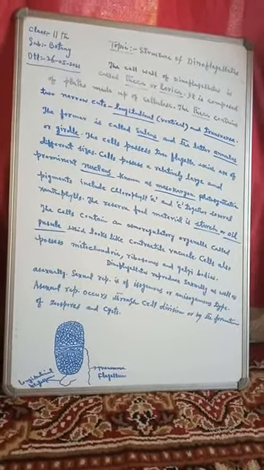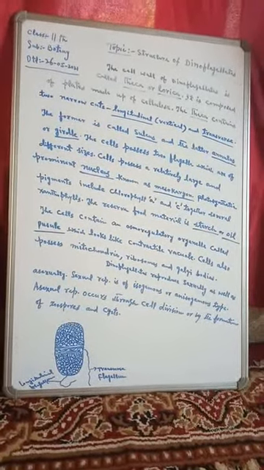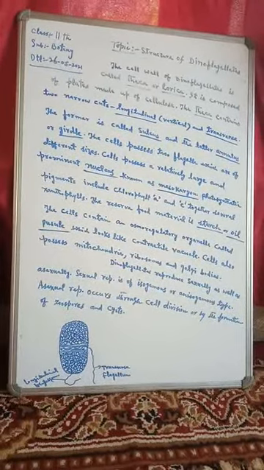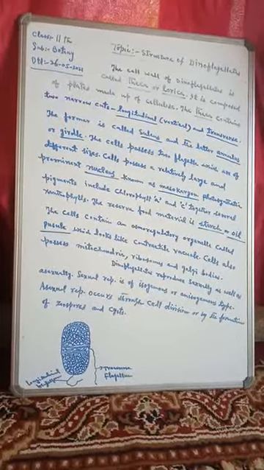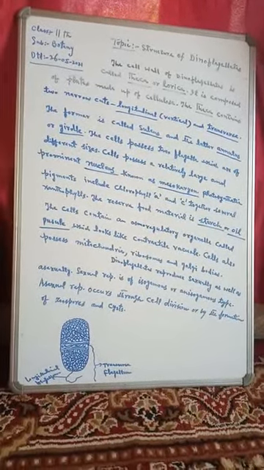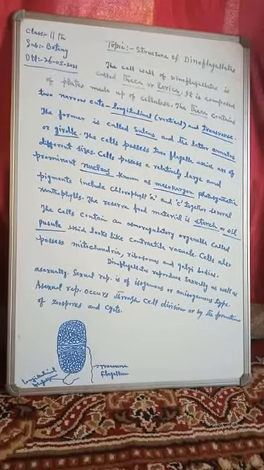That means one can be long and the other can be short. Cells also possess a relatively large and prominent nucleus. You should remember that the cells of dinoflagellates have a large and prominent nucleus, which is called mesokaryon, M-E-S-O-K-A-R-Y-O-N.